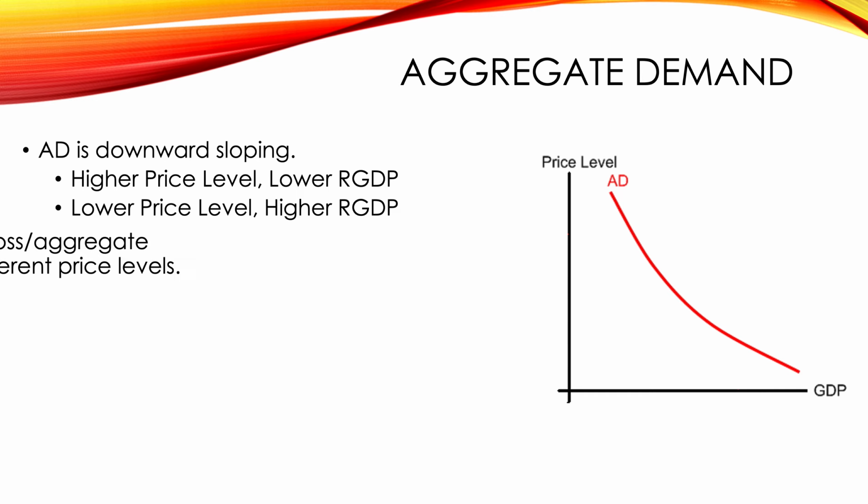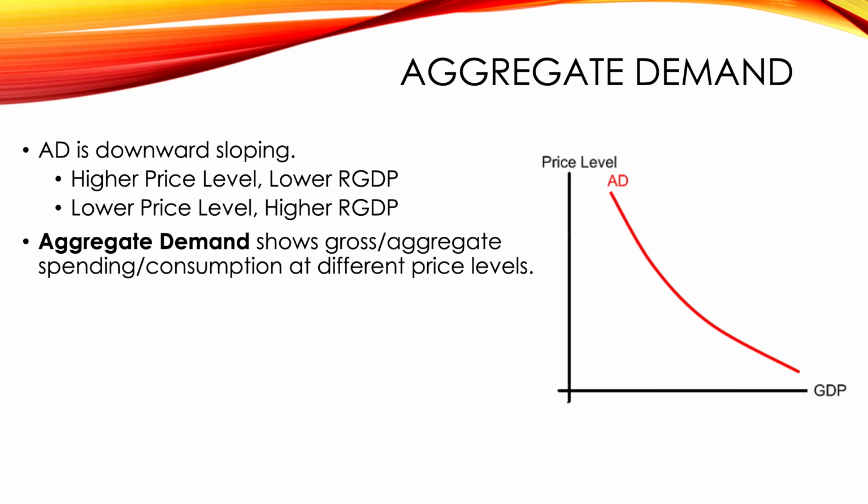So, what is this curve showing us? It's showing us the gross or aggregate spending or consumption at different price levels. Remember, GDP is all about measuring how much is being produced. And how do we look at that? Well, we use the expenditure method of C plus I plus G plus NX, which we said measures consumer, firm, and government spending.